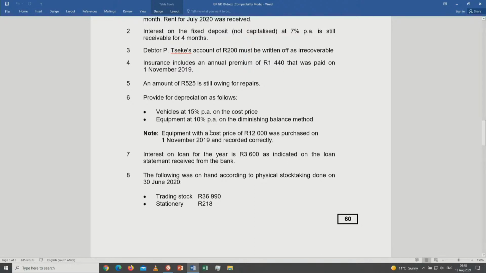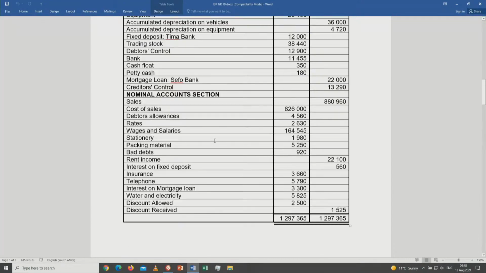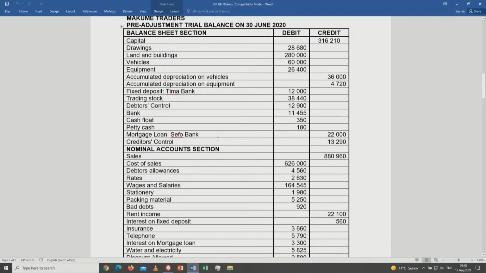They say here, equipment at 10% per annum on diminishing balance method. Diminishing balance method means the 10% depreciation will be calculated on the carrying value. Carrying value means we'll take the cost price for equipment, which is 26,400, minus accumulated depreciation on equipment of 4,720, and then we'll get the carrying value.